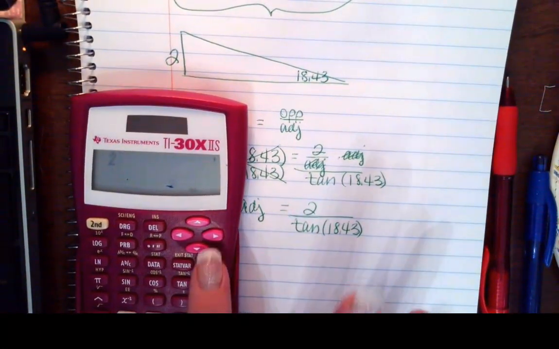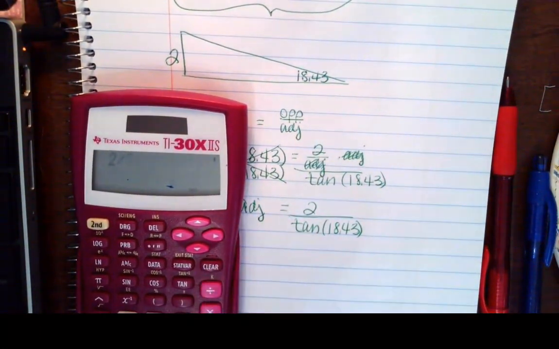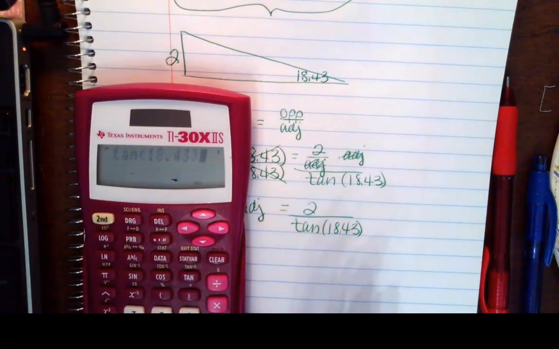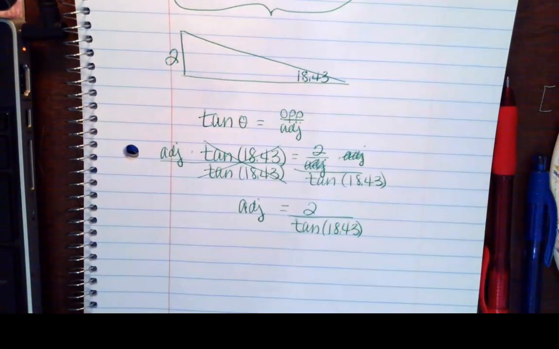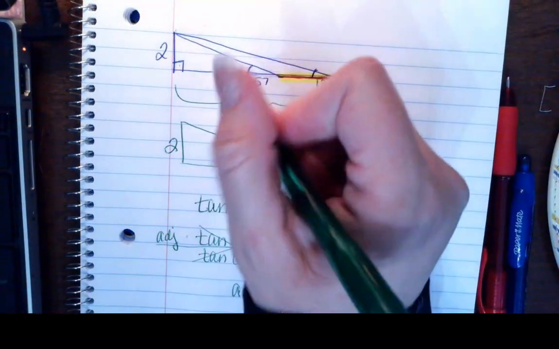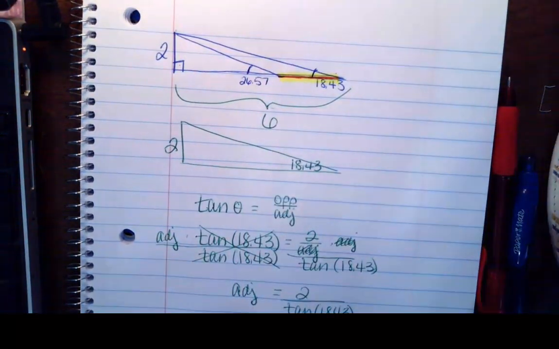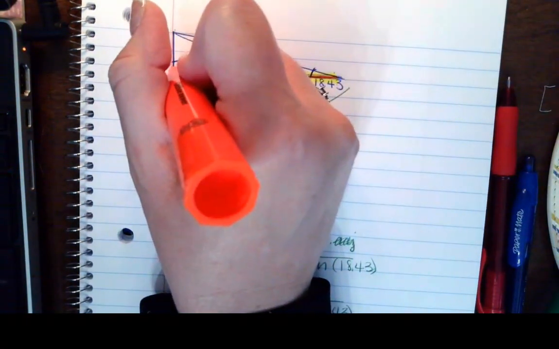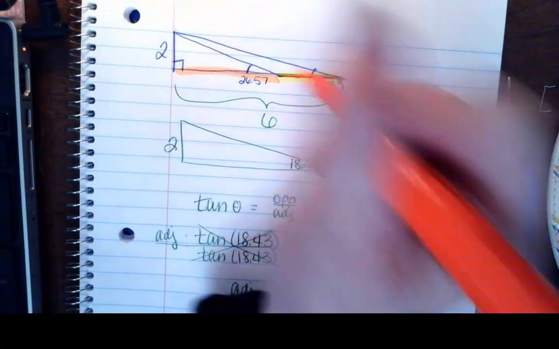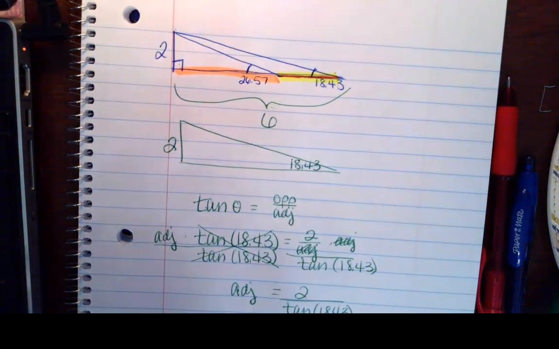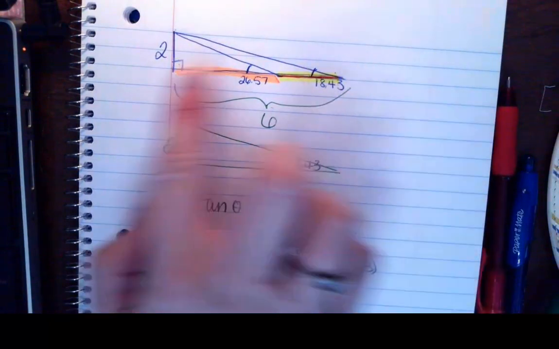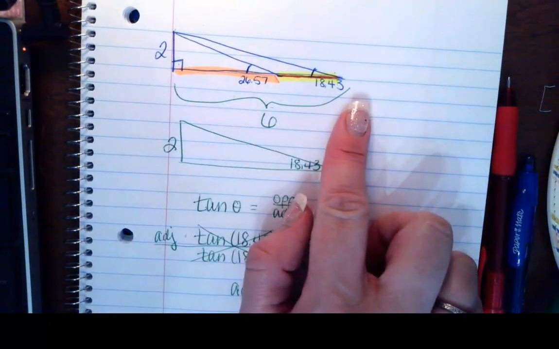So I've got 2 divided by the tangent of 18.43, and I get 6. So this entire side is 6. Now we're going to do the same thing, but we're going to find the orange side using that smaller triangle.